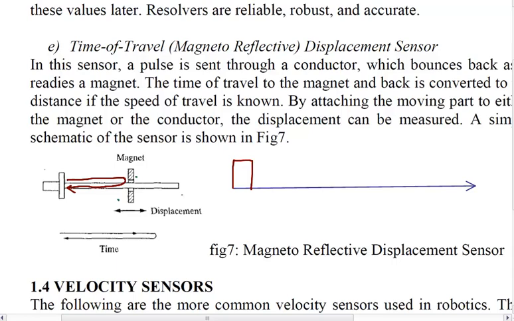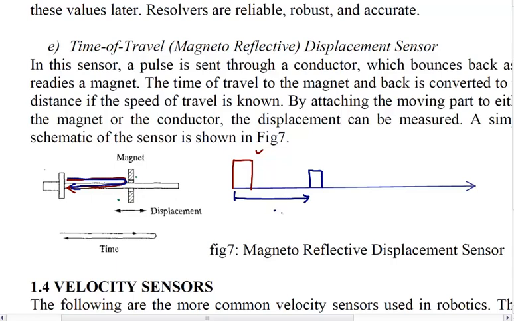Okay, so I sent this pulse, I got the return pulse, suppose at this time period. Obviously it will have reduced in height. So this much is the time period of travel and return. Okay, total time of travel is when it has gone from here, reflected back and come back.